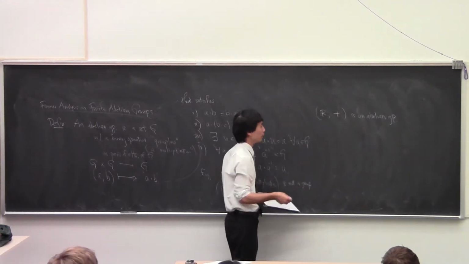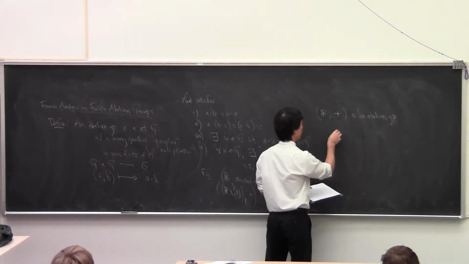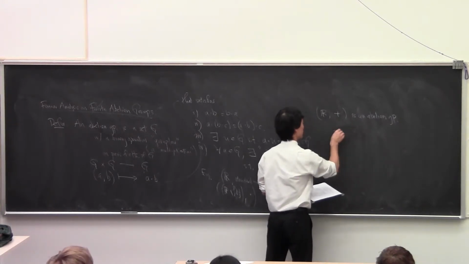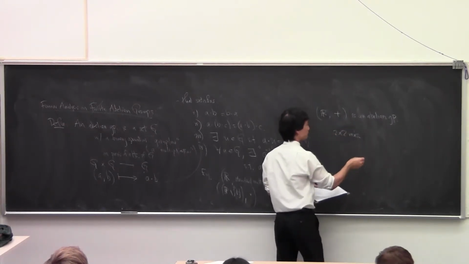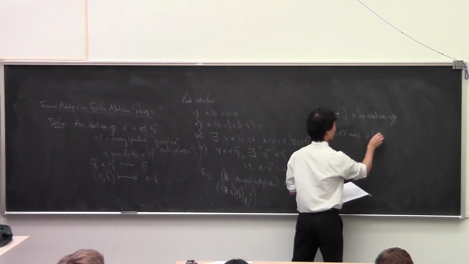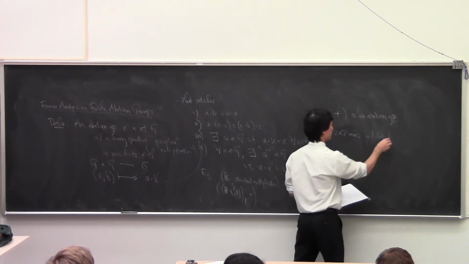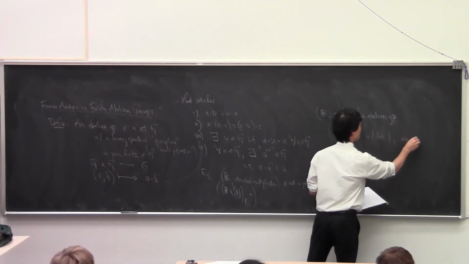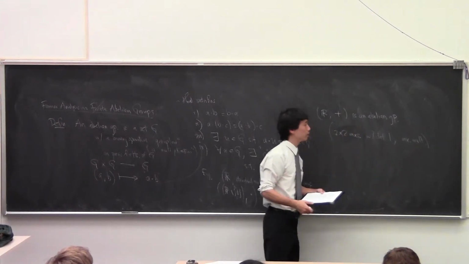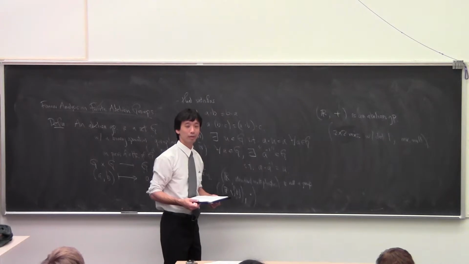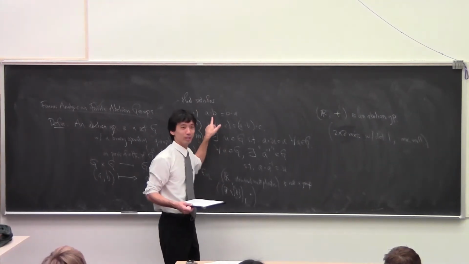Earlier we mentioned that if we look at the 2 by 2 matrices with determinant equal to 1, with matrix multiplication, is that an abelian group? No, because it fails to be abelian.